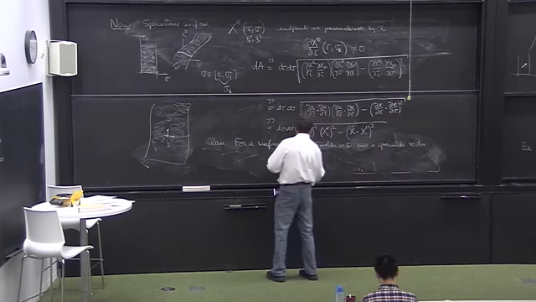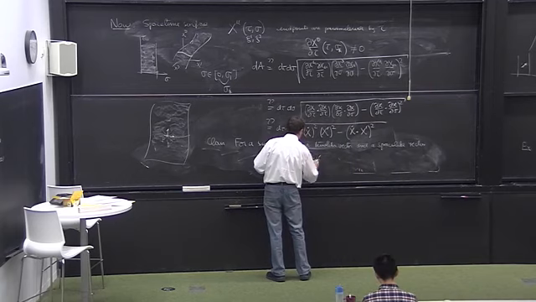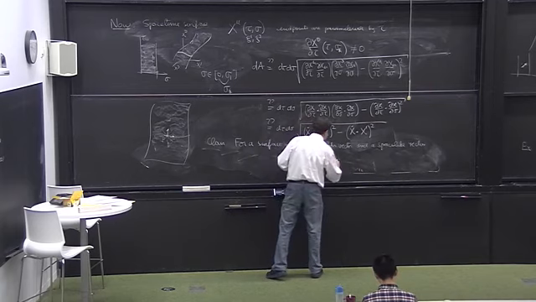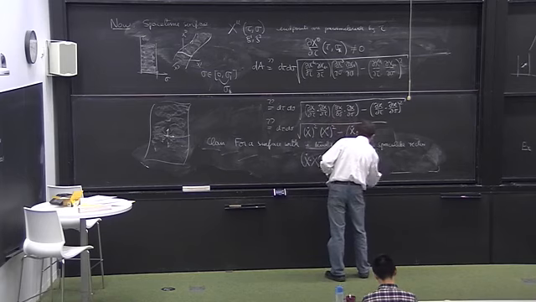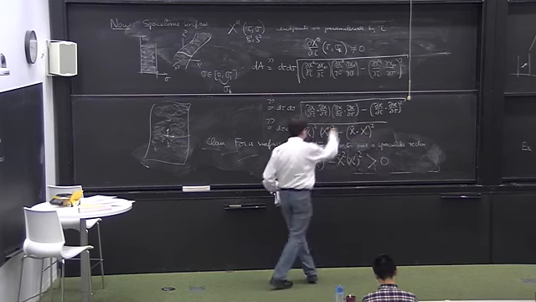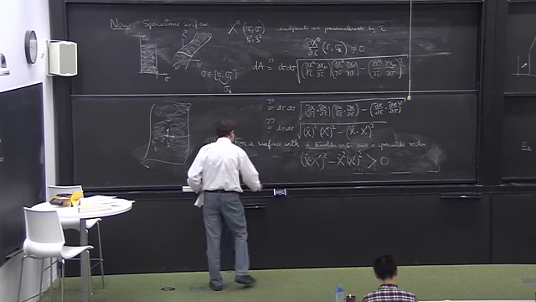Then (x dot x prime) squared minus x dot squared x prime squared is greater than 0. So it's the opposite sign over there.